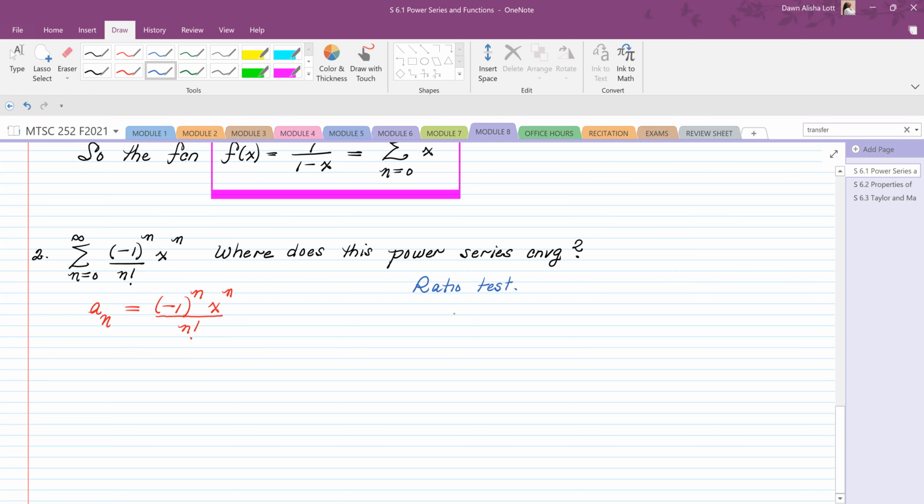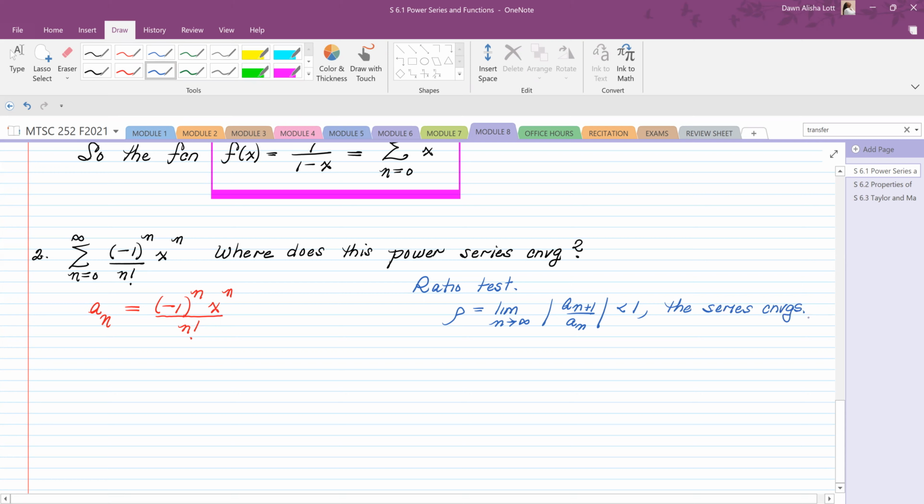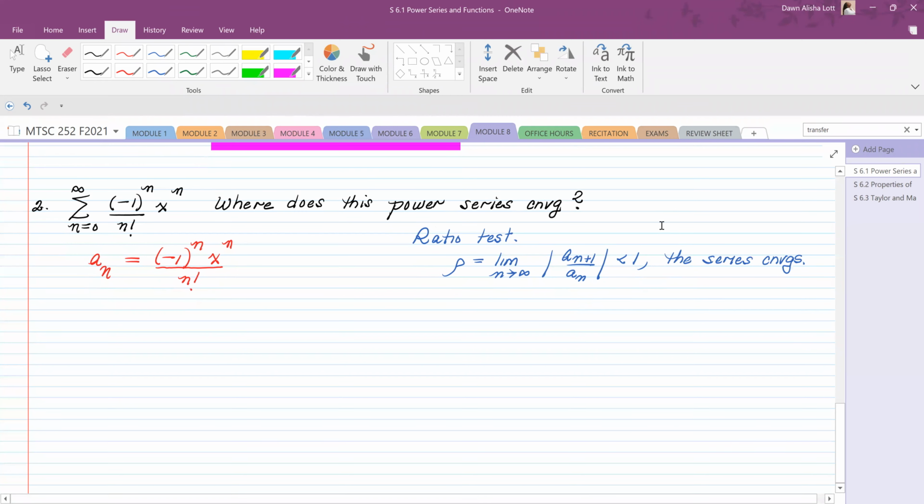For the ratio test, we computed rho, which was the limit as n went to infinity of the absolute value of a_(n+1) over a_n. And we said when that thing is less than 1, the series converges. Okay, so let's compute rho.